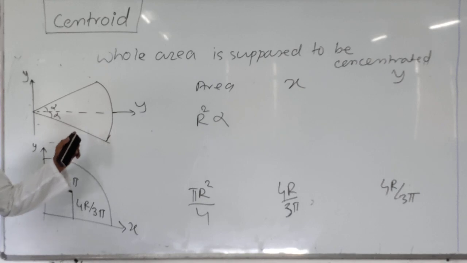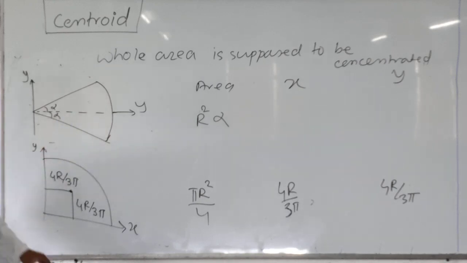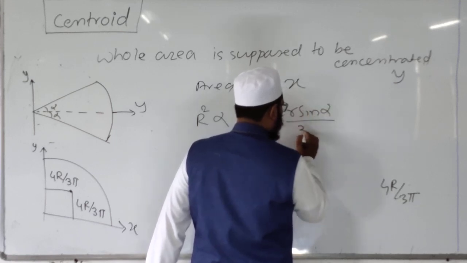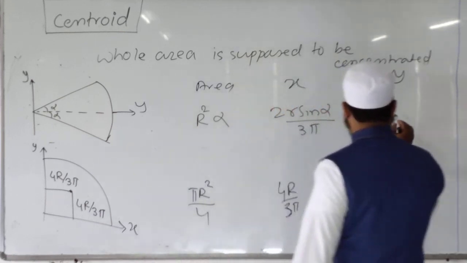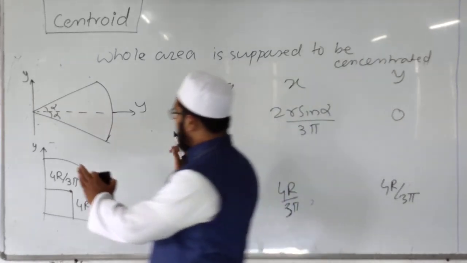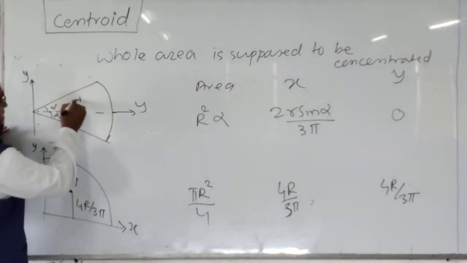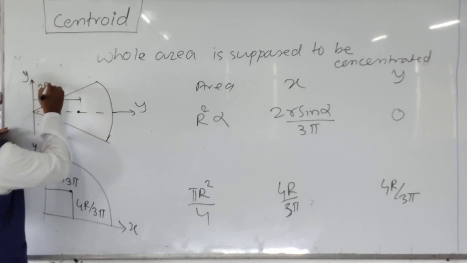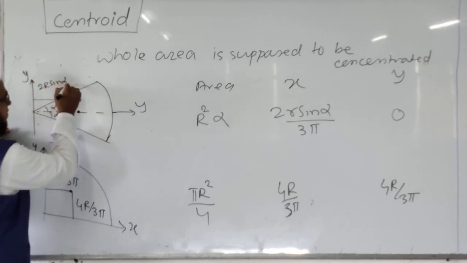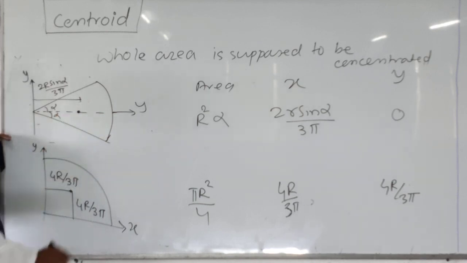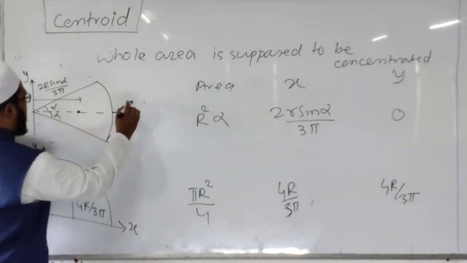and x is 2r sin alpha divided by 3 pi, and y coordinate will be 0 because here it is lying at this point. This distance is 2r sin alpha divided by 3 pi, and y is the distance measured from x axis.